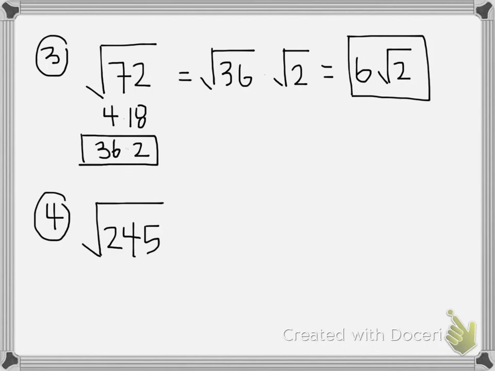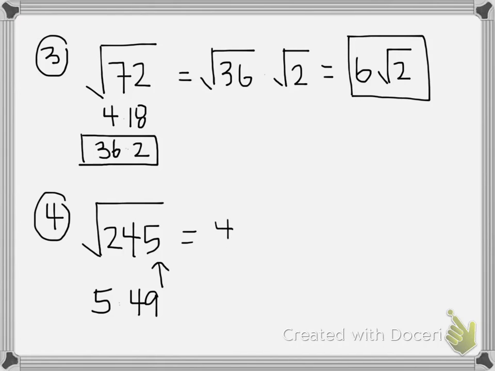All right, so for number 4, I've got a 245. It ends in a 5 right here. So I'm going to divide this big number by 5 and just see what I get. So 245 divided by 5 is 49. So 245 is 5 times 49, right? Put it in your calculator. 5 times 49 gives you a 245.